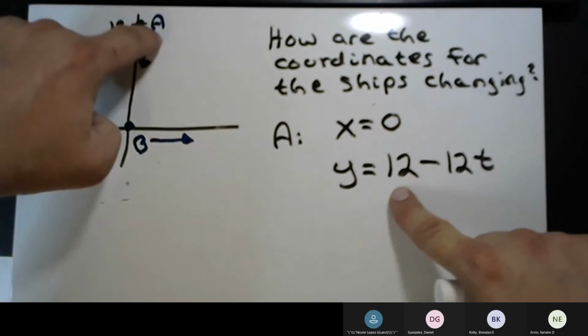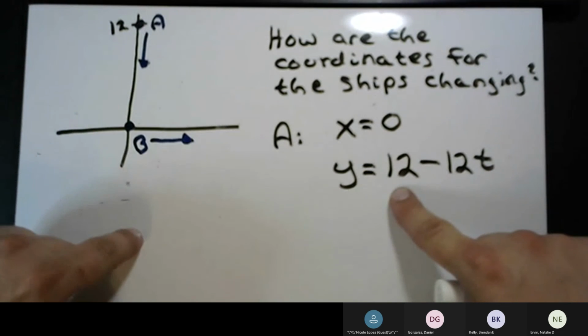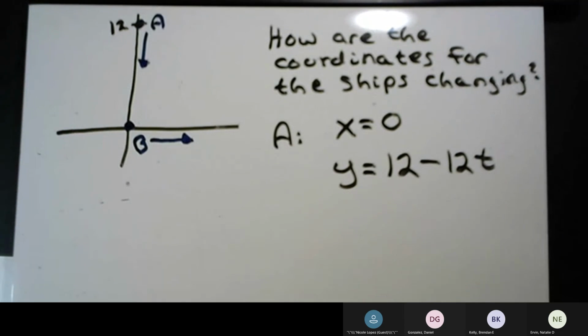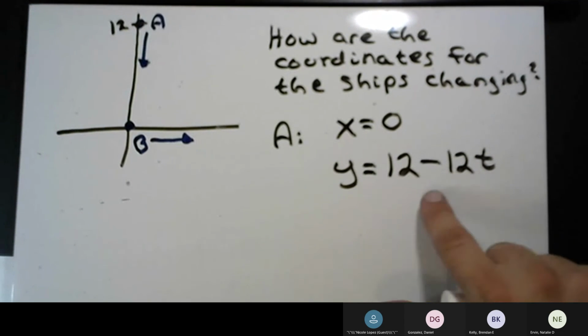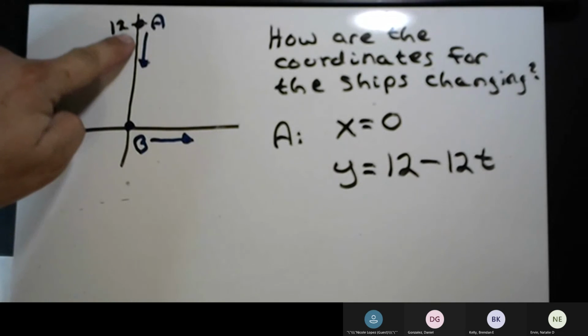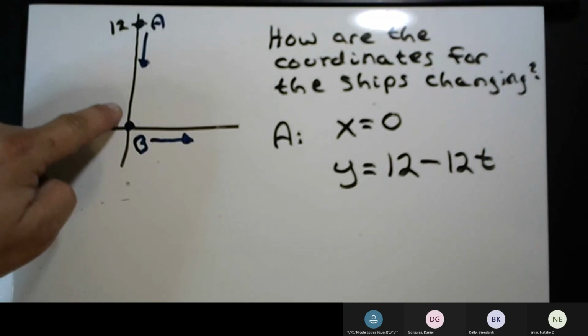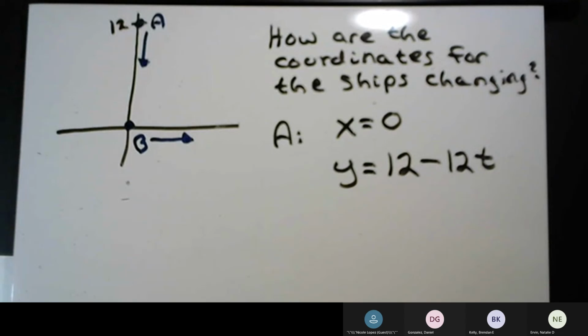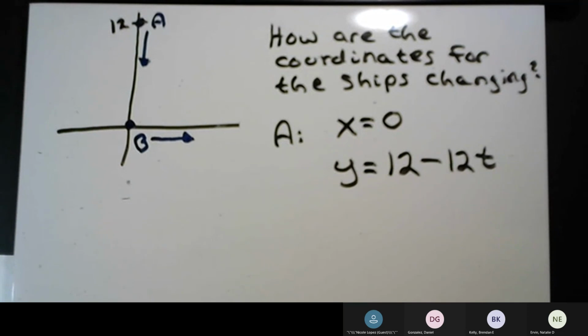In other words, as A travels south, its y-coordinate will become negative as we keep taking away from this location on the positive y-axis. We just keep dropping down. Now, questions about that? That's a little slippery.